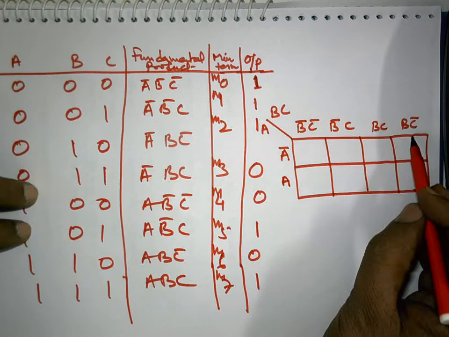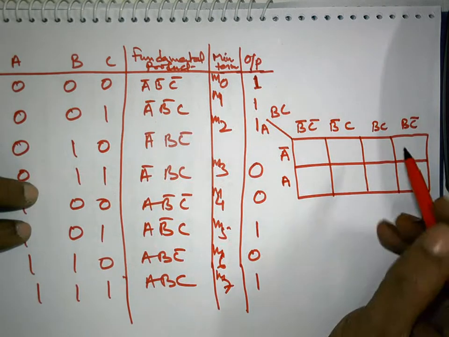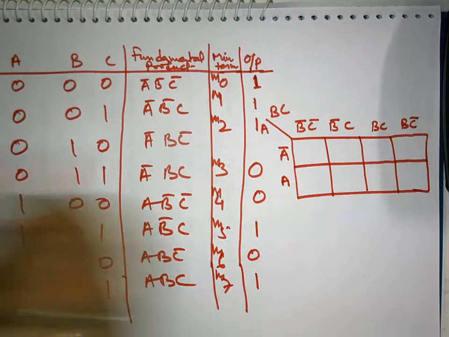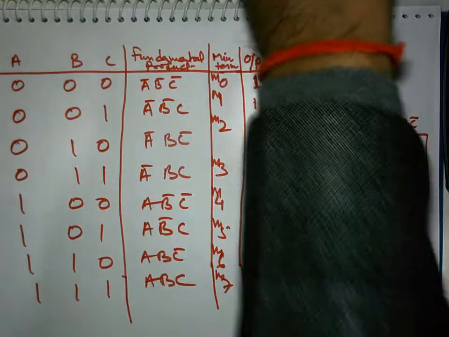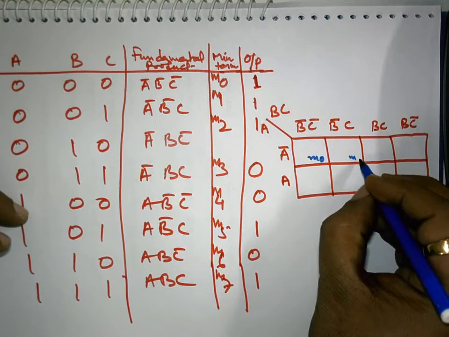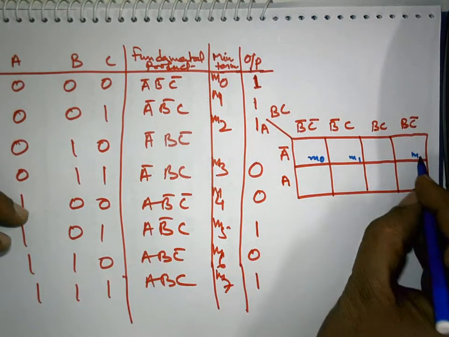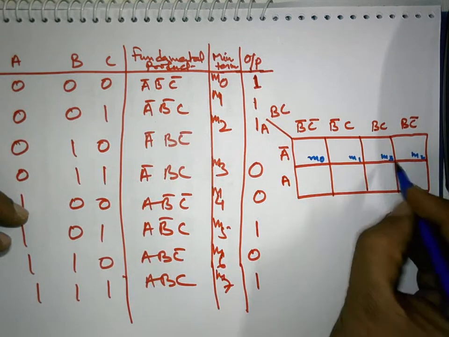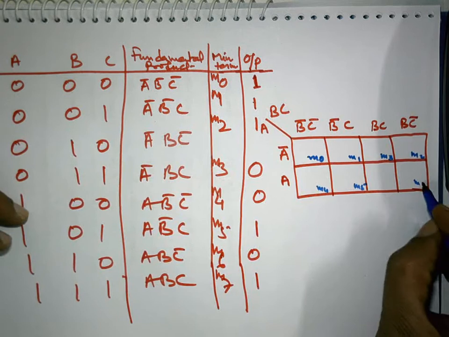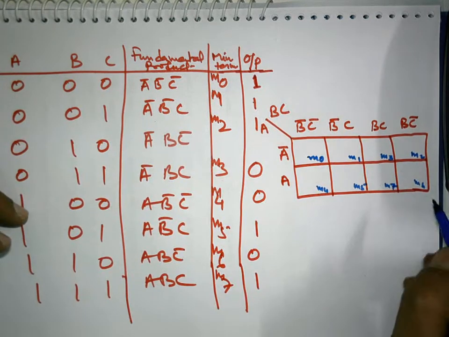We are changing these variables in such a way that only one change occurs at a time while roaming from one cell to another cell. So naturally this will be the min term. If I write down the min terms, this is min term number 0, min term number 1, min term number 2, 3, 4, 5, 6 and 7. Am I right?